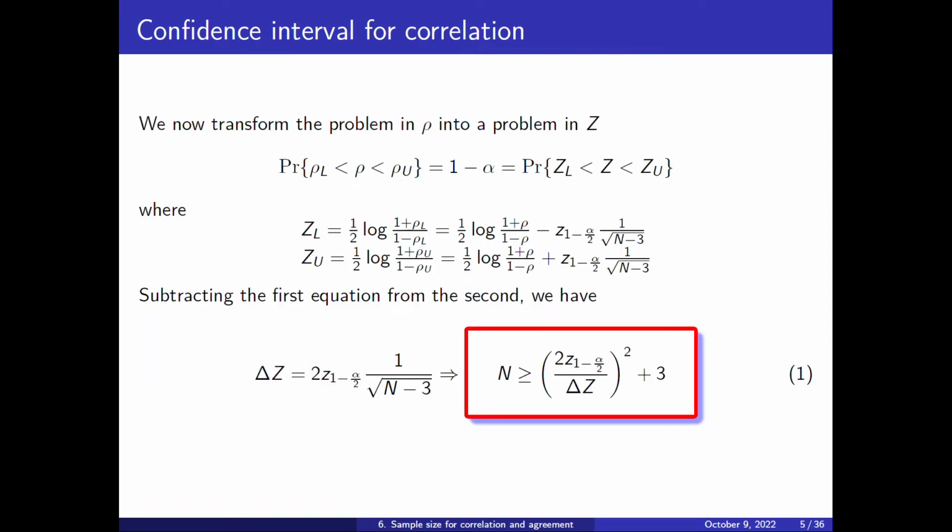So then we can look for the lower and upper bounds such that rho has to be here with probability 1 minus alpha, and we can translate this interval in rho into an interval in the z transform variable. Here we would have the lower bound and the upper bound, and in the z transform domain it is symmetrical.